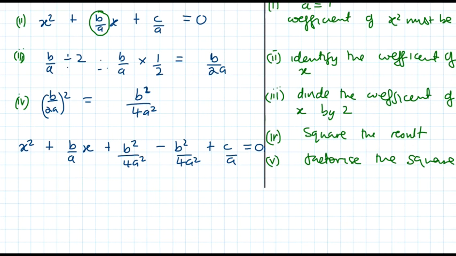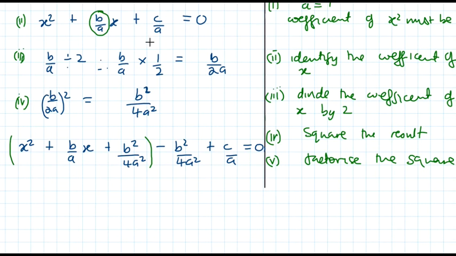Let me point out that the part which you are more interested in is, let me use a different pen. Okay, this is the part which we have more interest in because it gives us the perfect square.